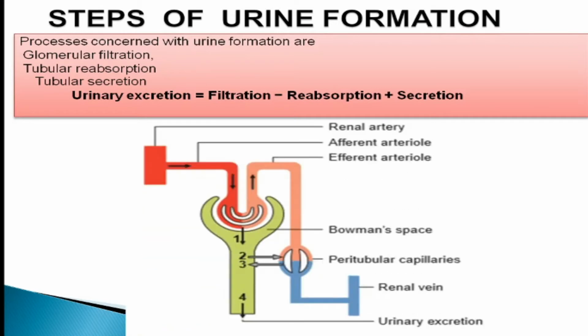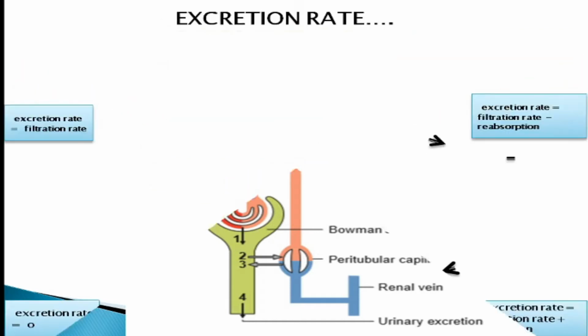So we can see here there are three processes, where number 1 indicates the glomerular filtration, 2 represents the reabsorption from the tubular lumen into the peritubular capillary network, and 3 represents the secretion of the metabolic waste which was unable to be filtered across the glomerulus. They are secreted from the peritubular capillaries into the tubular lumen, leading ultimately to the final formation of the urine.